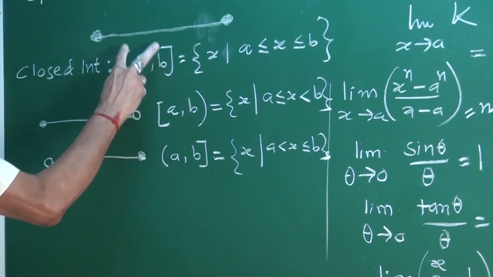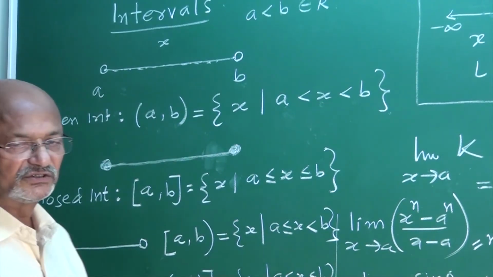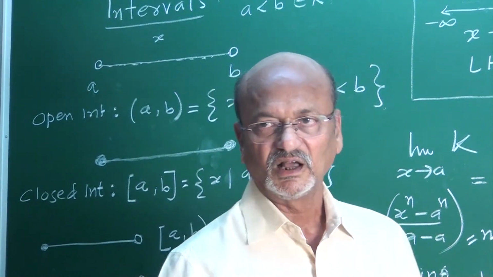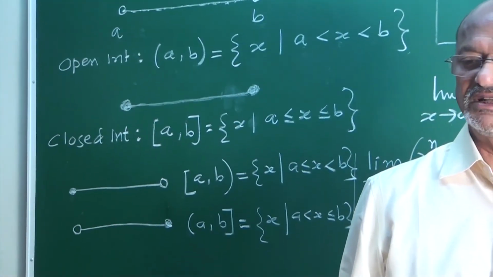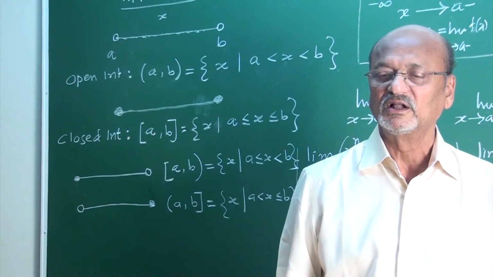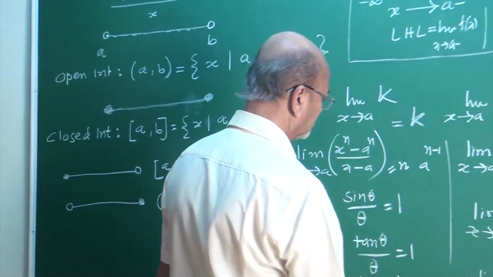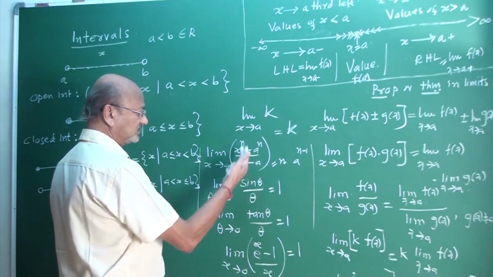It is a closed interval. This is an open interval. These are the definitions of intervals. I made it clear before starting the continuity part. These are the theorems done.